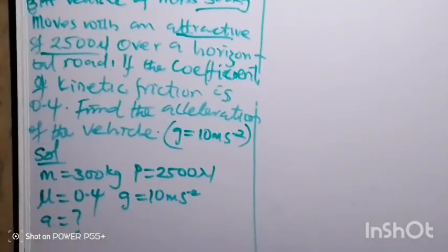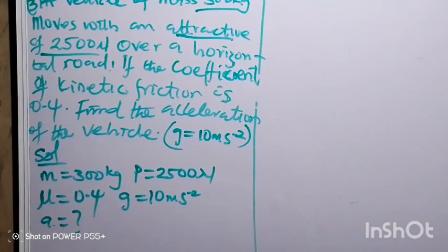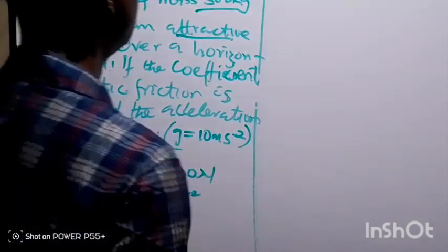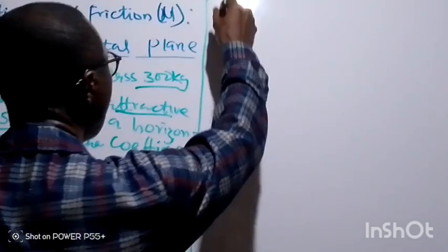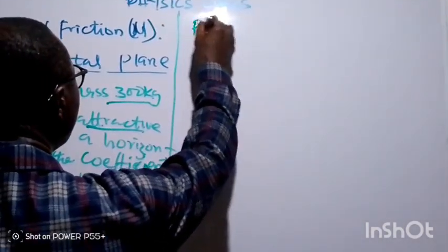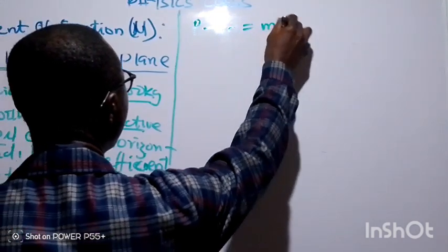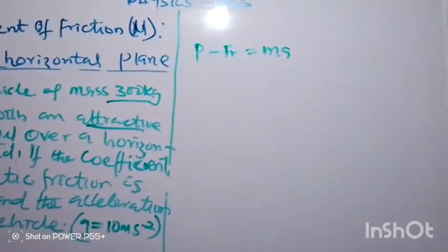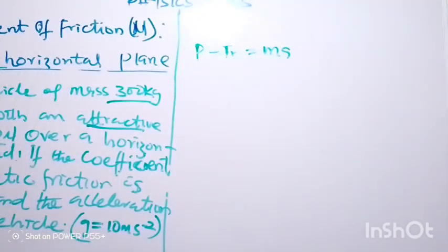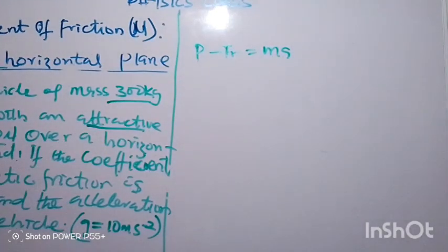Now, from one of the formulas in our explanation, we said we have P minus Fr is equal to ma, where this P, according to the question, is the attractive force or the applied force.